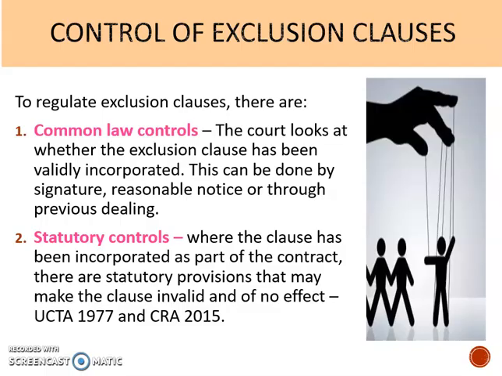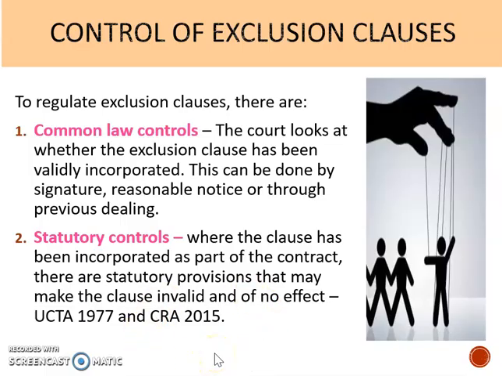The other type of control is a statutory control. It might be that it has been incorporated into the contract, but a statute or an act of parliament might declare that the clause is invalid because it's unfair. We'll look at the Unfair Contract Terms Act and the Consumer Rights Act on that.